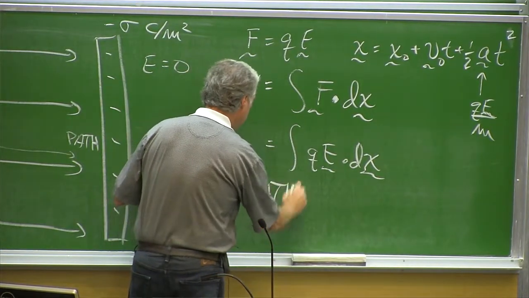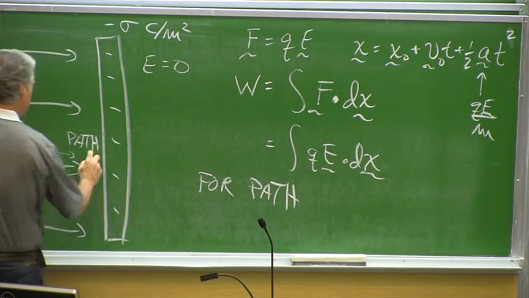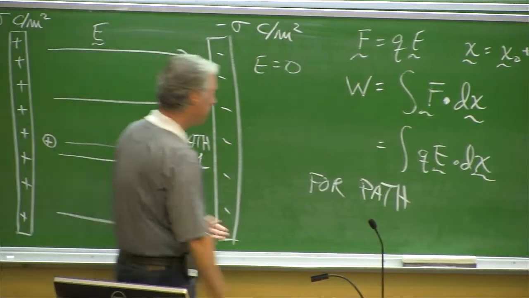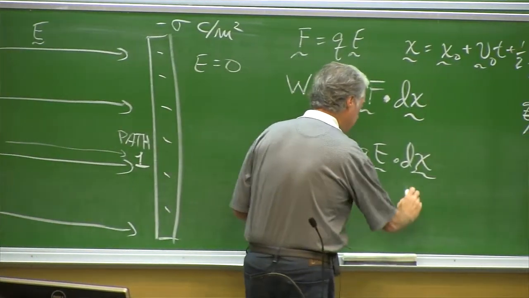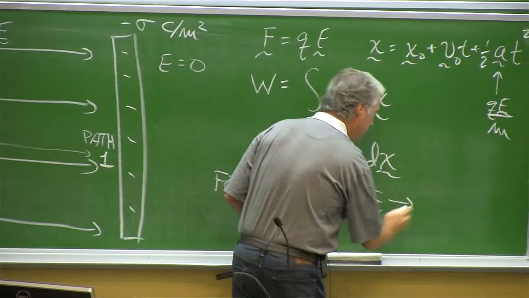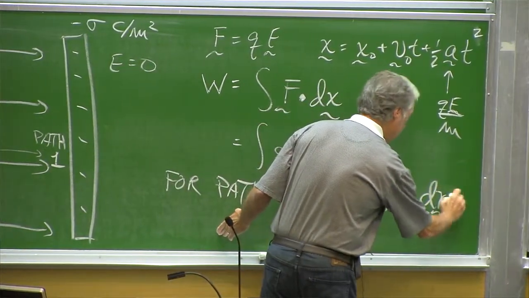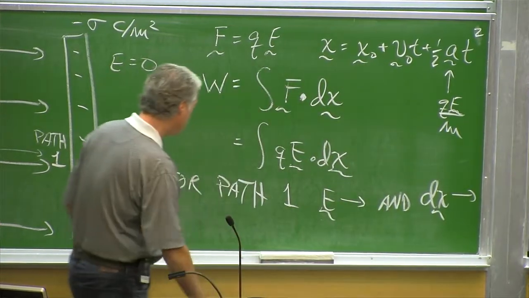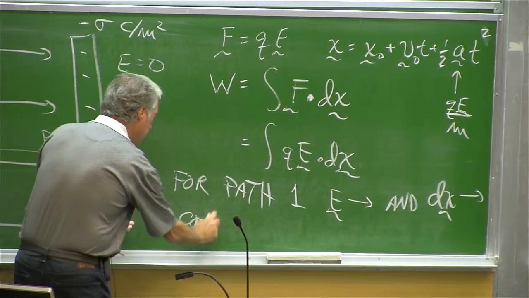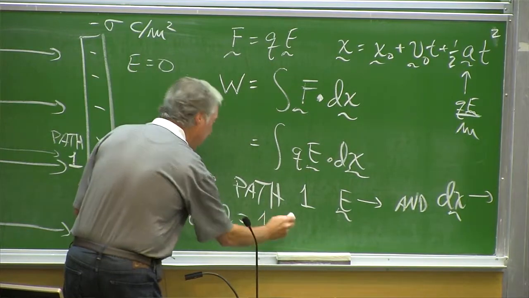shall we label this path? Let's call it path 1. For path 1, E is pointing this way, and dx is pointing the same direction. So cosine of theta is 1.